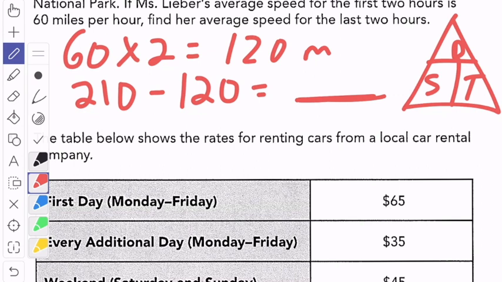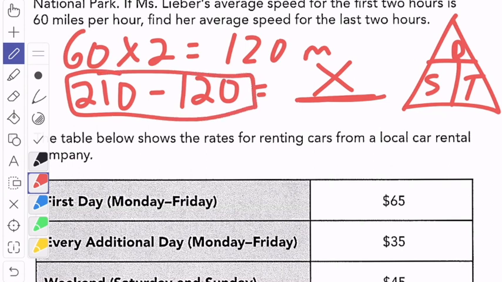So we know what the total distance is. I'm going to put X because all you have to do is subtract these two. I don't want to give you the answer. That's the distance. We need to find the speed. So if I cross out the speed, it's going to be distance divided by time. So this is the distance divided by what's left in her trip.